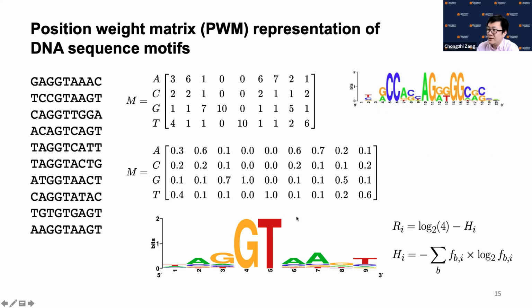And if there are 2 possible bases that can occur, say for example some position can only be T or G with equal frequency, then the whole information content will be only 1, meaning that we can only separate those 2 bases from the other 2.